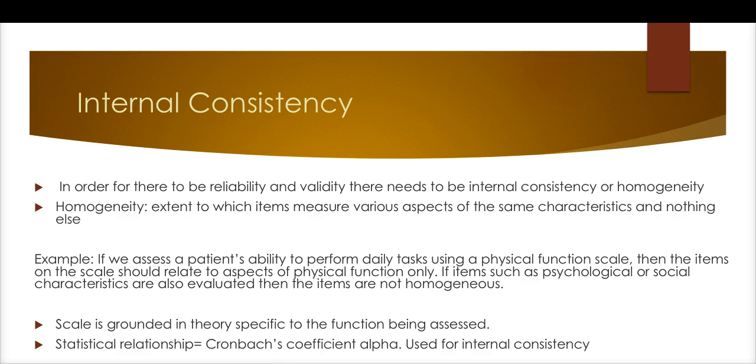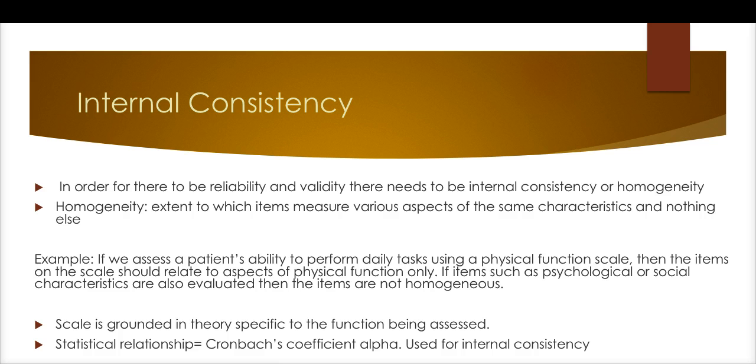So, as I said, I should have probably included internal consistency in the other slide, but essentially internal consistency establishes the extent to which multiple items within an outcome measure relate to each other. The example that I provided is just in a general context.